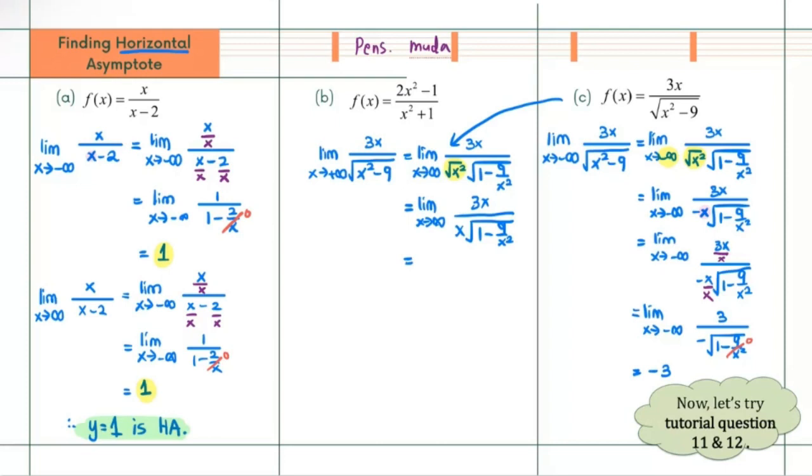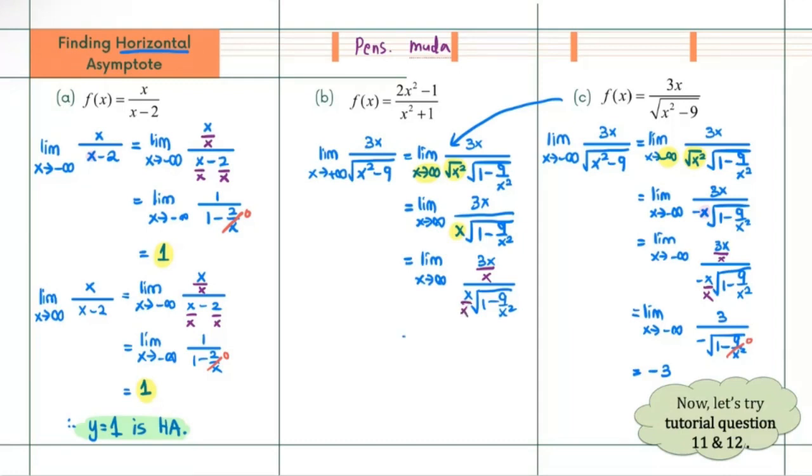Sebab apa dia square root dia x sahaja? Sebab kita approaching positive infinity. Okay, so bila positive infinity kat sini kita akan dapat x sahaja. Okay, now the highest power kita akan bahagikan dengan x sahaja. So 3x over x bahagi dengan x. Kat sini pun akan divided by x lah.